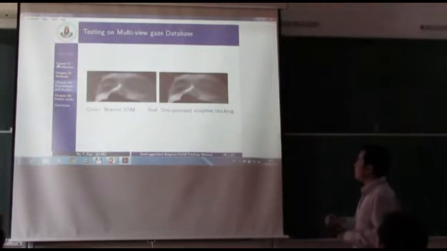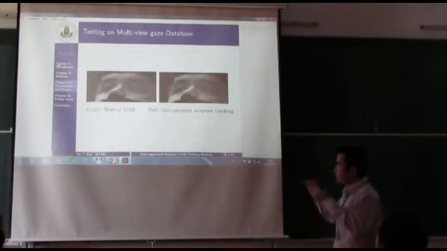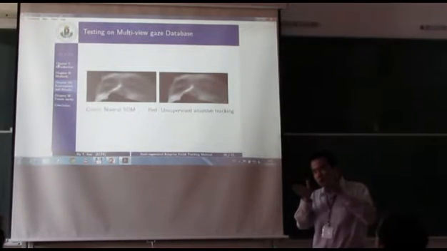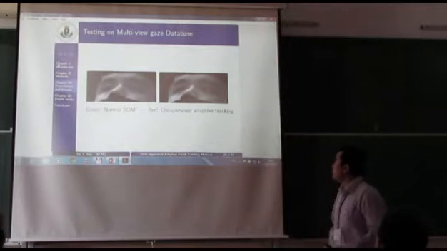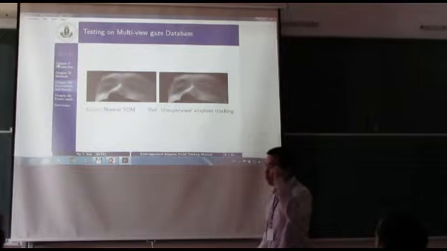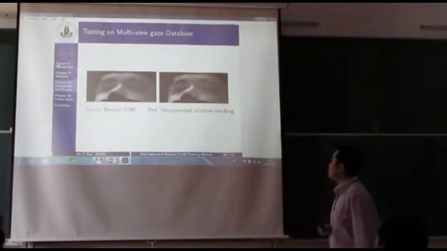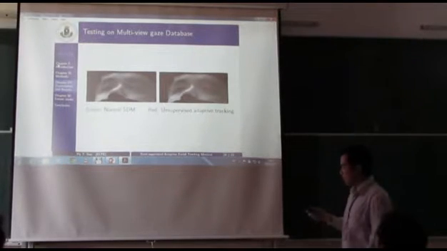And we also test our algorithms on a multi-view-based database. This database finds the head positions when the eye is looking. And we see that on the left-hand side, SDM has some error with the eye corner. And on the right-hand side, our adaptive checking corrected that error.